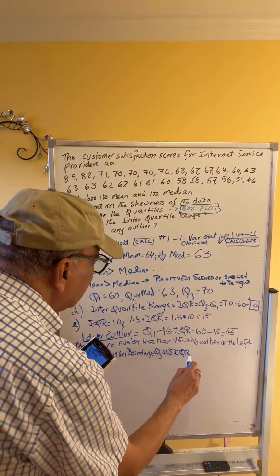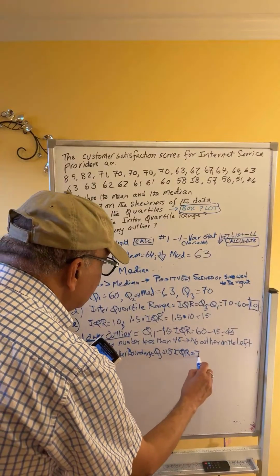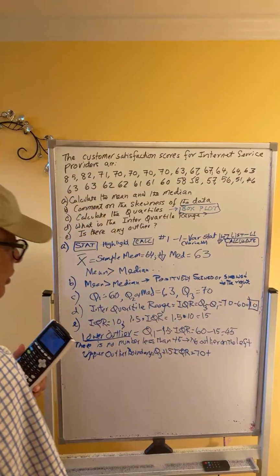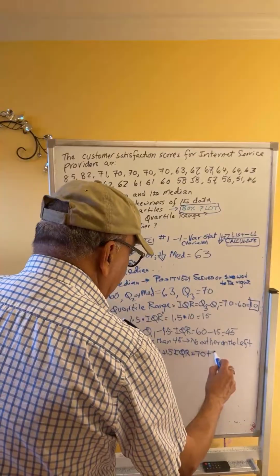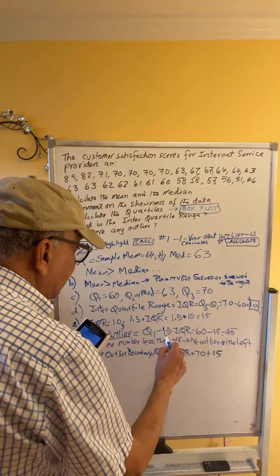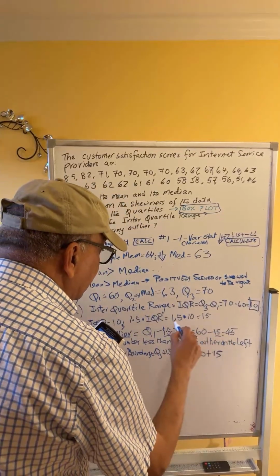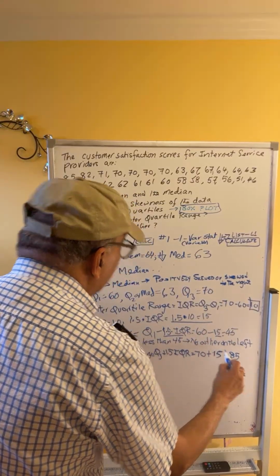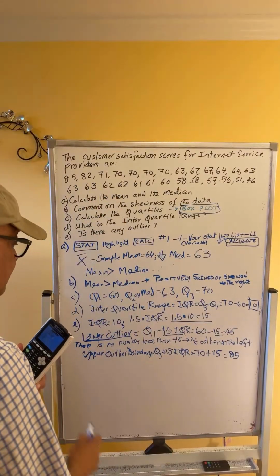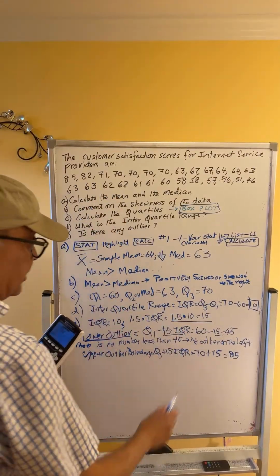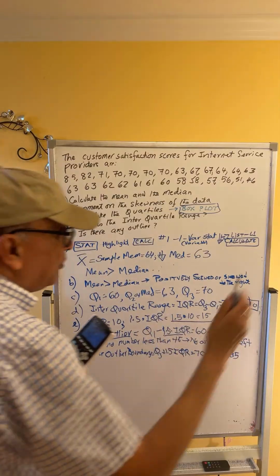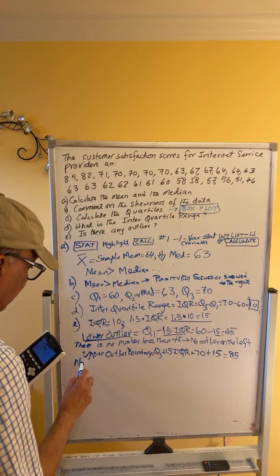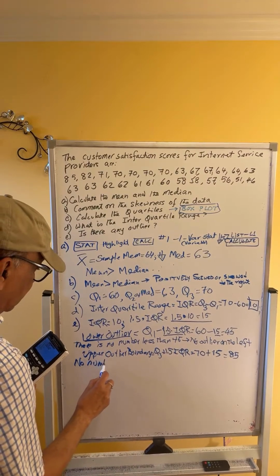Now Q3, if you remember, is 70, plus 15, because 1.5 times IQR is 15, as we calculated over here. So that is 85. Now look at this number. 85 is the highest number, and we would need a number greater than 85. There is no number greater than 85.